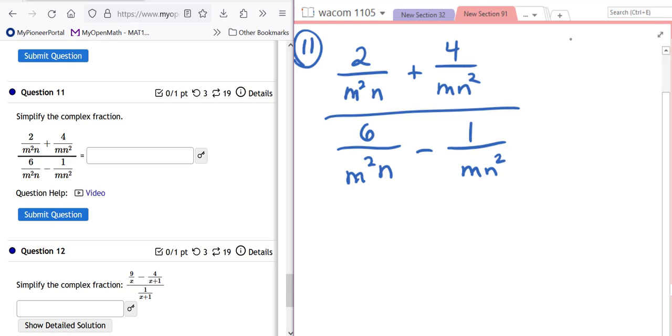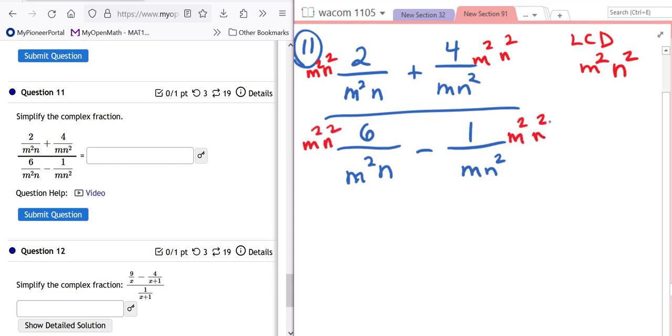So you need the LCD for all 4 fractions. For your m's, you want to take the most. We're going to need m squared. For your n's, you want to take the most. We're going to need an n squared. That's what we're going to put beside each piece. So m squared n squared, m squared n squared, m squared n squared, and m squared n squared.